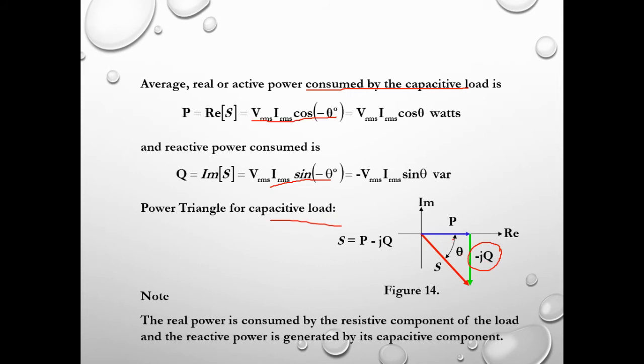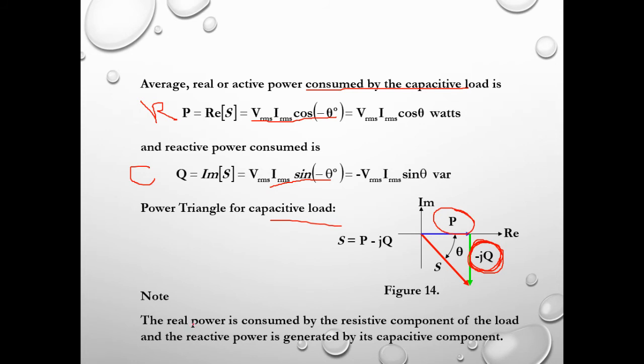But this time around we have both the resistor component R as well as the capacitor component C. So for this combination of R and C, we have R for the real, active power, as well as minus Q for the capacitive element.